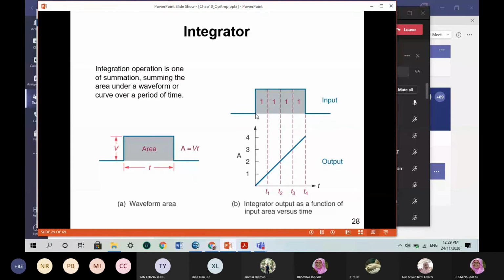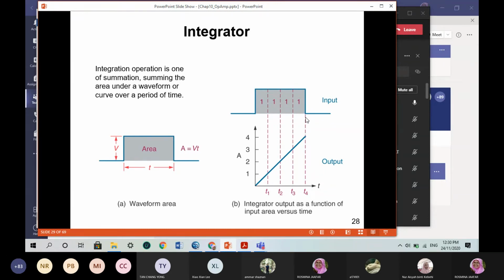Because of the square section, the small region under the square wave, when you move along, this area under the curve will be increasing. So that's why you will have a line that is increasing. At this point, that would be the maximum value.